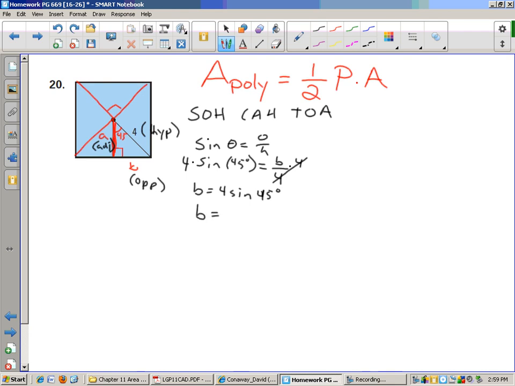Put that in your calculator, tell me what you get. It'll be 2 root 2, I think. 2 root 2. Yep. Okay. 2 root 2.